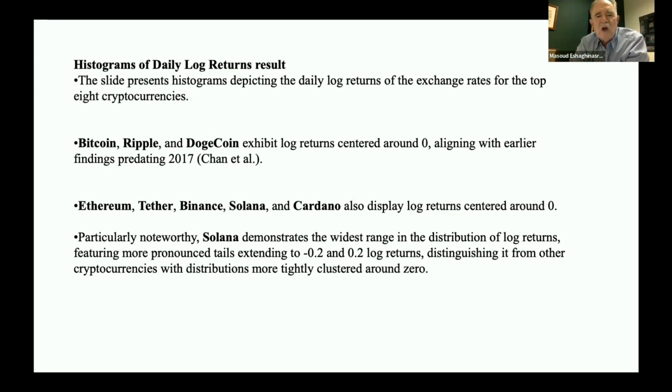Bitcoin, Ripple, and Dogecoin exhibit log returns centered around 0, the same thing you found in the previous article. Ethereum, Tether, Binance, Solana, and Cardano are a little different, and I explain that, but all are in the center between negative 0.2 and positive 0.2, and log returns between that are around 0.